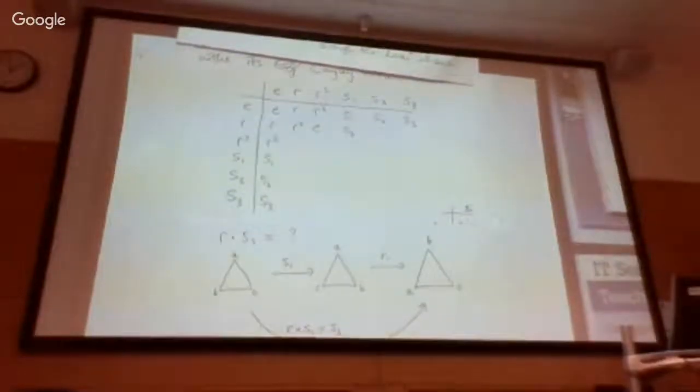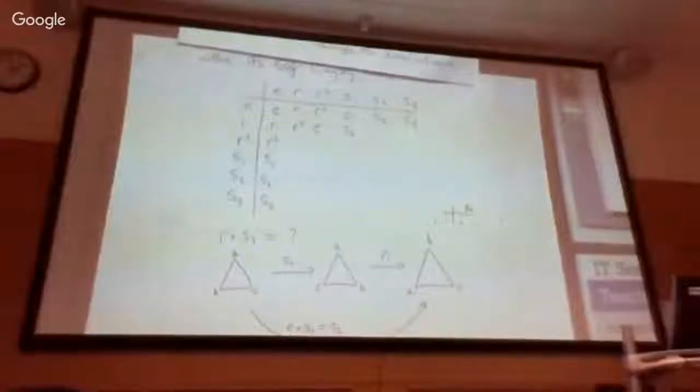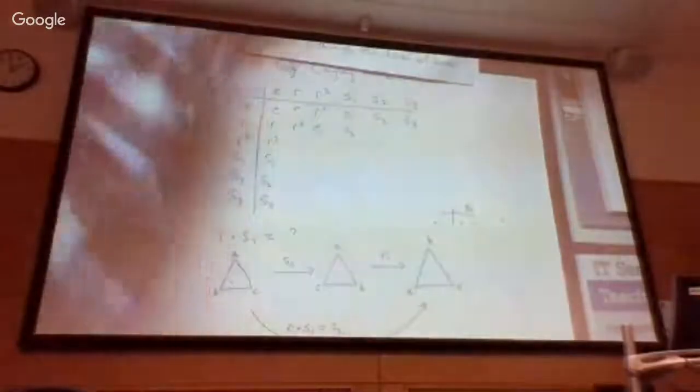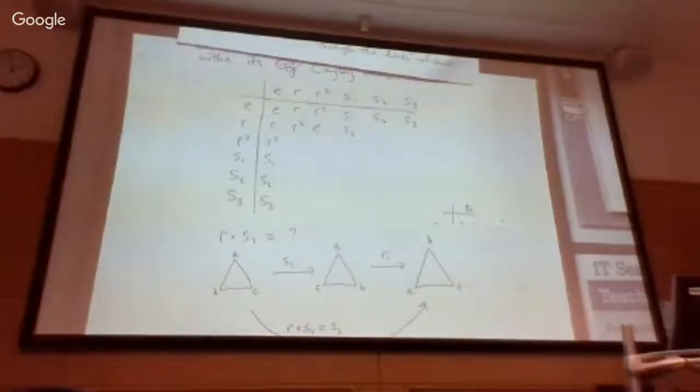So the real numbers are a ring under regular addition. The field is a ring where the multiplication is where the multiplication is.